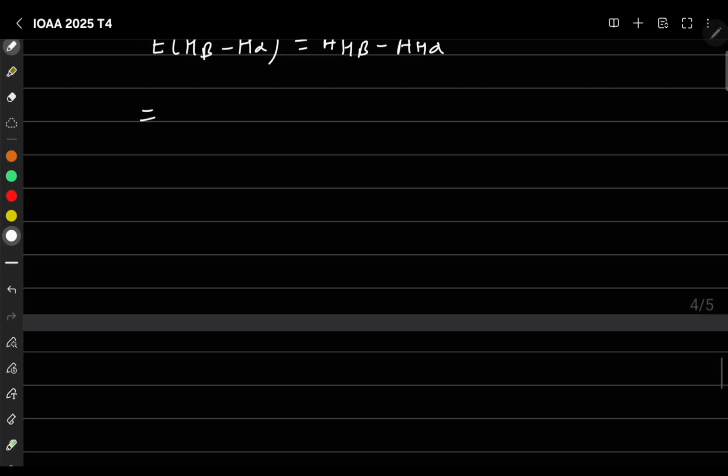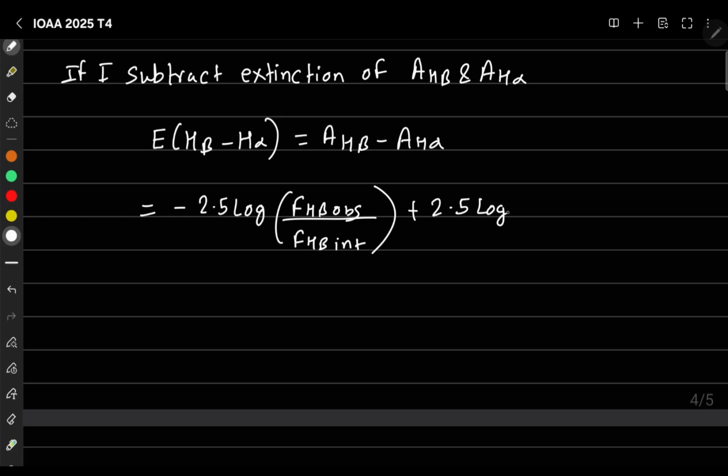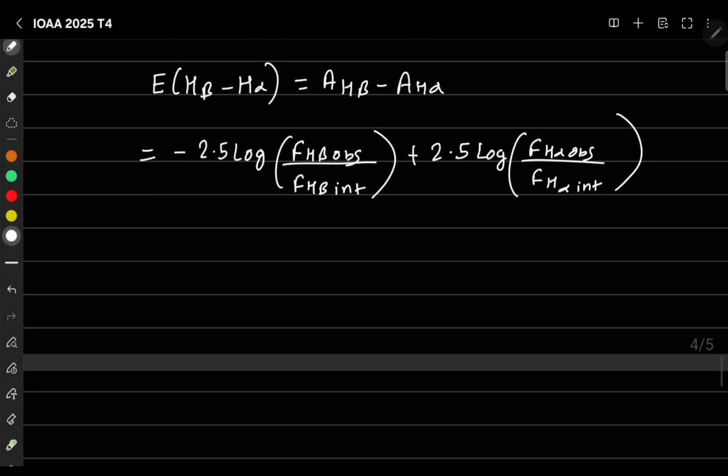So if I just write this as minus 2.5 log of F_Hβ observed over F_Hβ intrinsic, minus minus plus 2.5 log of F_Hα observed over F_Hα intrinsic.